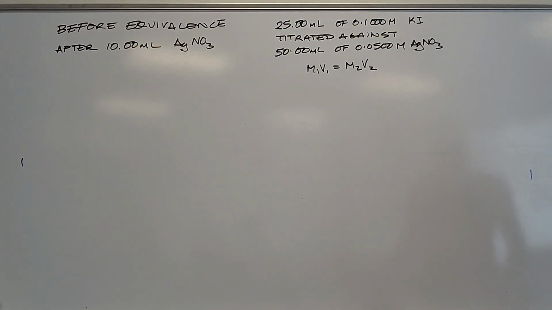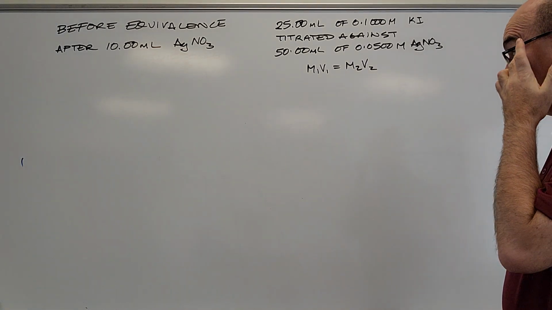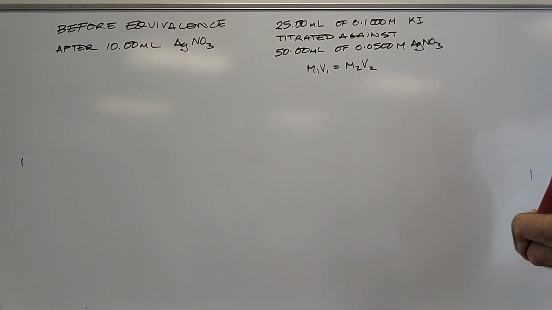I need to add 50 milliliters of silver to remove all the iodide from solution, precipitated as silver iodide. What's going on in my solution at the point when I've only added 10 milliliters of silver nitrate? Okay.